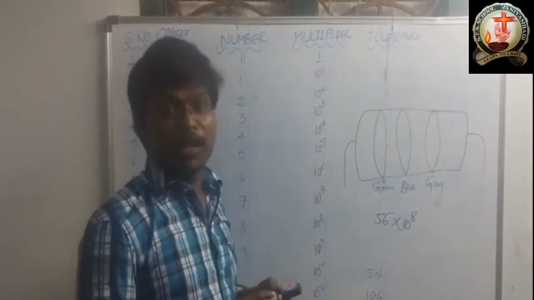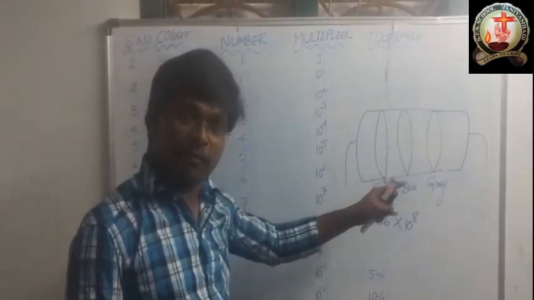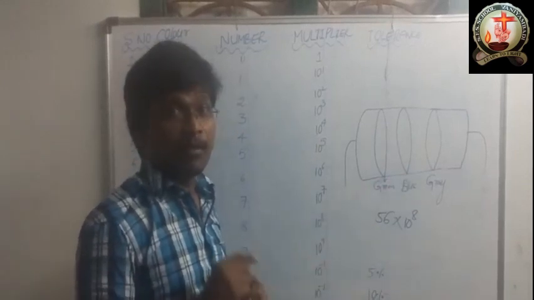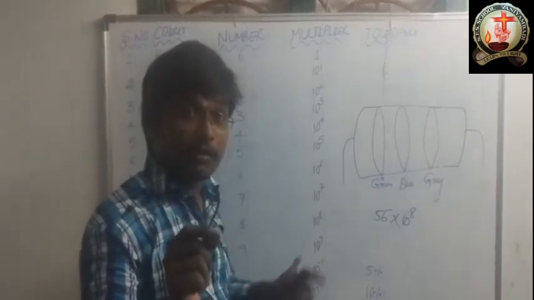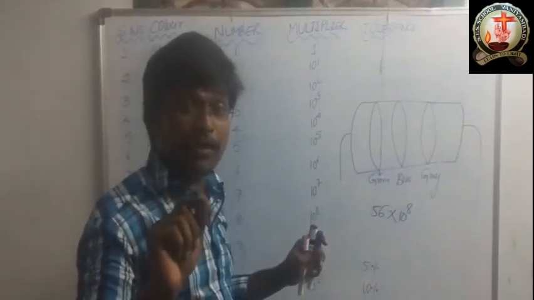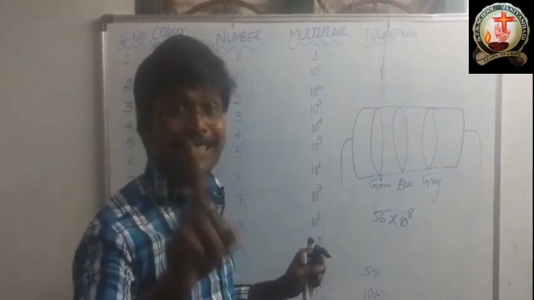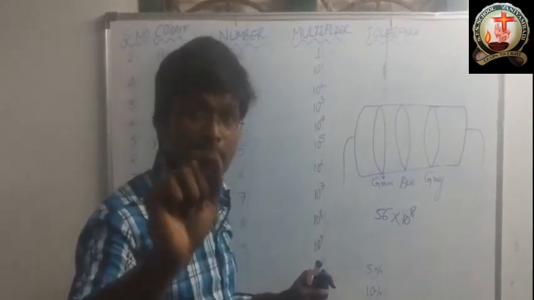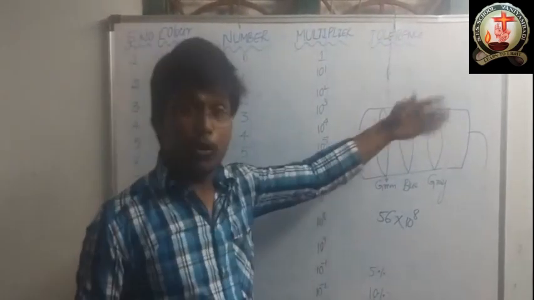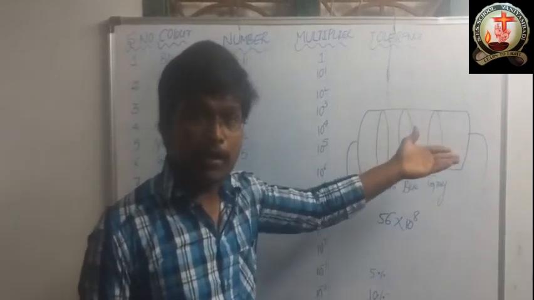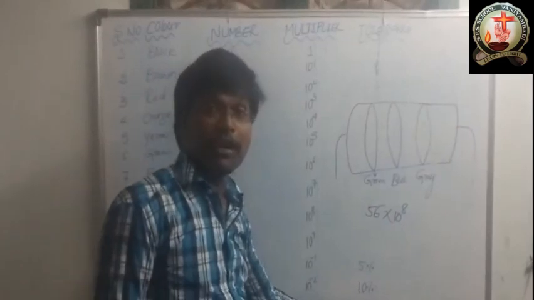What about the fourth ring? He doesn't give the fourth ring here. Whenever the carbon resistor does not have the fourth ring, you should take that ring as colorless. Usually the fourth ring indicates tolerance. So here, colorless, what is the tolerance? 20%.